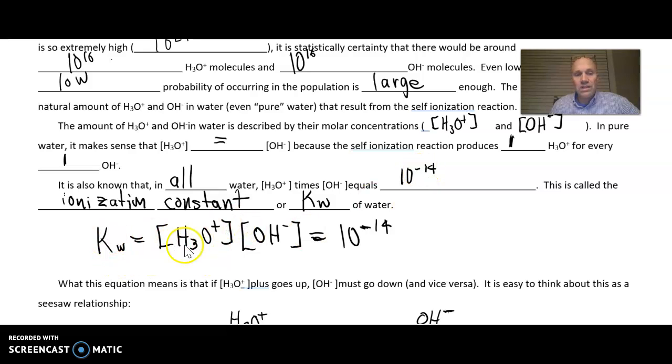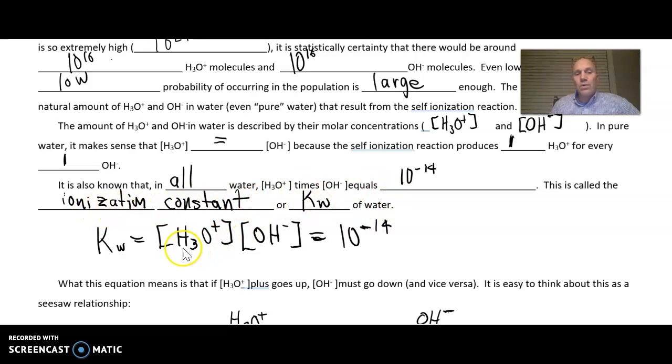We could represent that by saying these are the two molarities multiplied by each other, and those always are going to equal 10 to the minus 14th. That relationship is called the ionization constant for water.